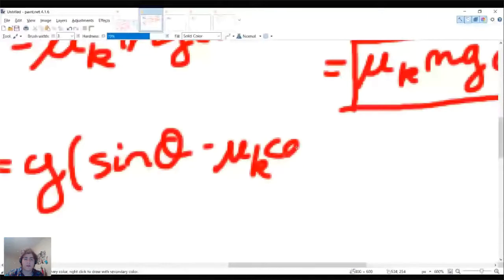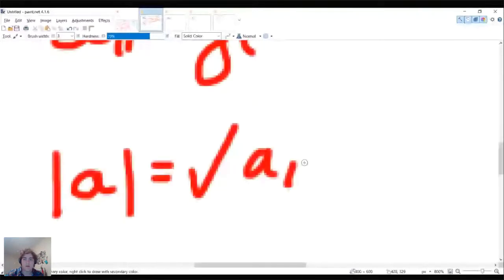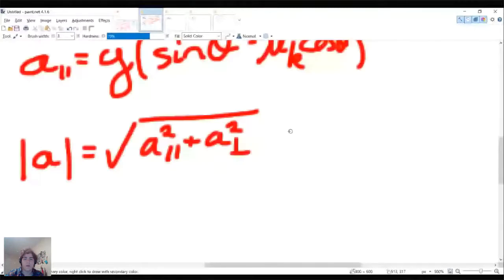And the magnitude of acceleration is just going to be the square root of the acceleration in the parallel direction squared plus the acceleration in the perpendicular direction squared. But this right here is 0.